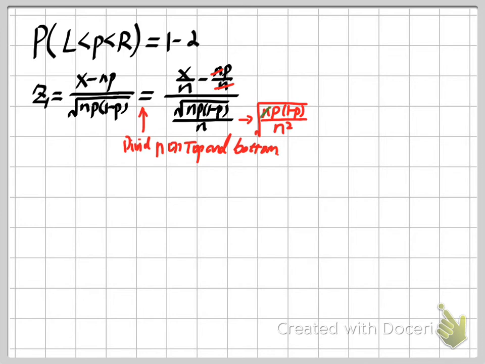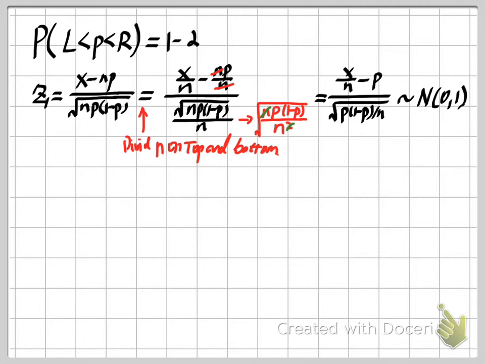The n and one of the square roots on the bottom cancel each other. So this equation becomes x over n minus p on the numerator, and the denominator is the square root of p(1 minus p) divided by n. This is still our capital Z, and it still follows a standard normal random variable.